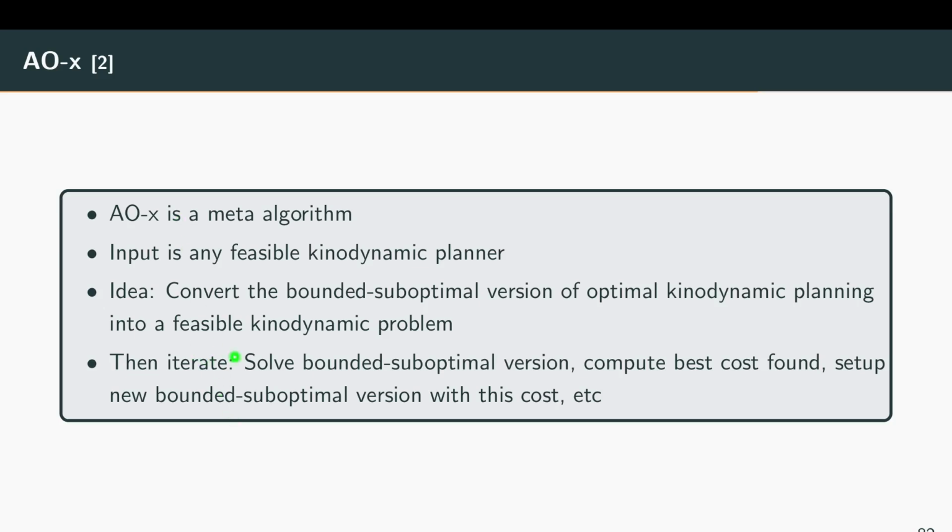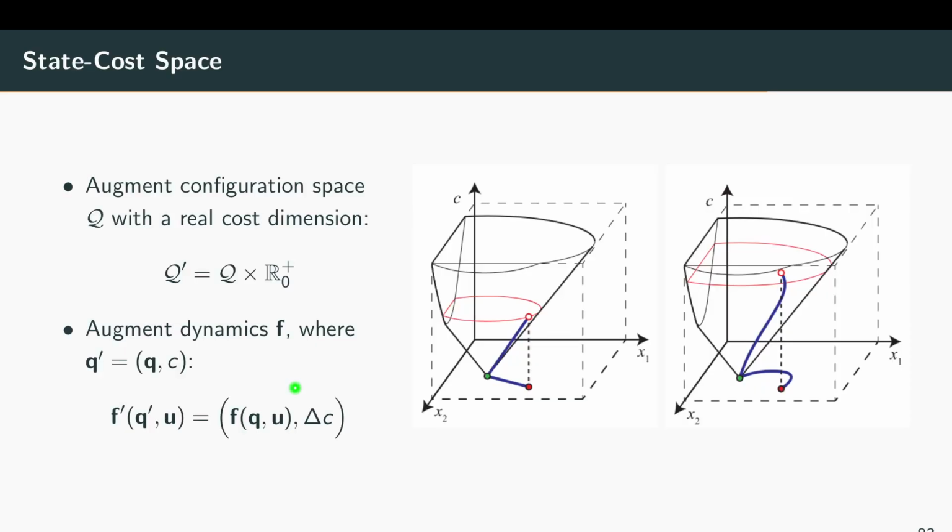And so we have to figure out what we put around the existing algorithms. The key idea is that we augment our configuration space and add another cost dimension.